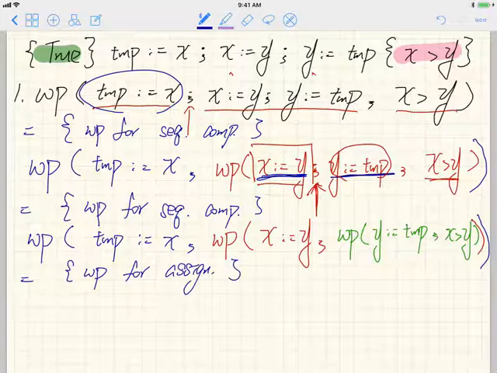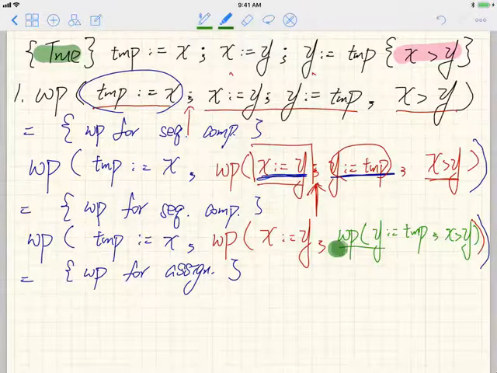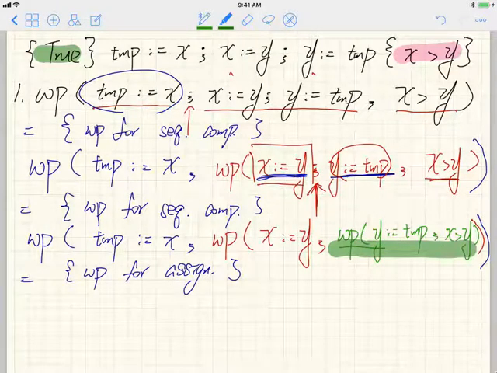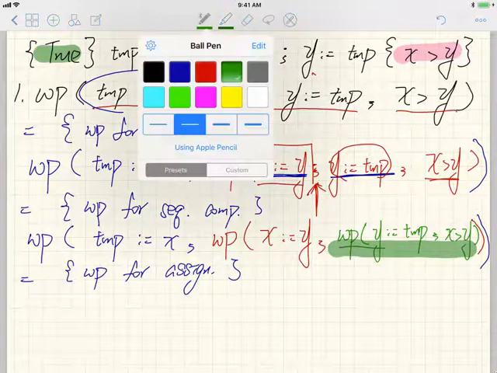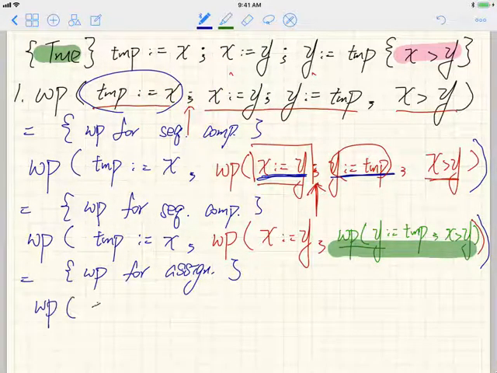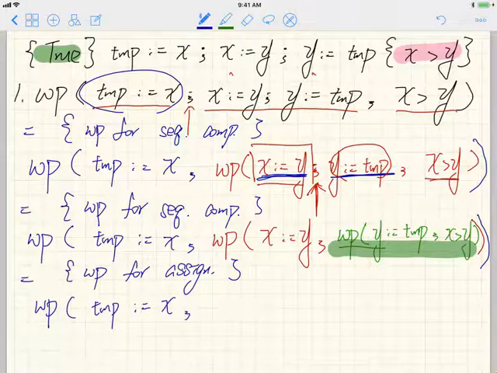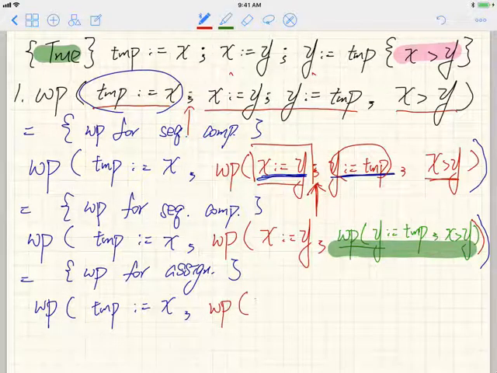It's this part over here. Now this part, let me use green over here. How do we simplify that? So now we still got WP over here, so we got temp is assigned to x, and then we got red over here, WP, which is x is assigned to y.